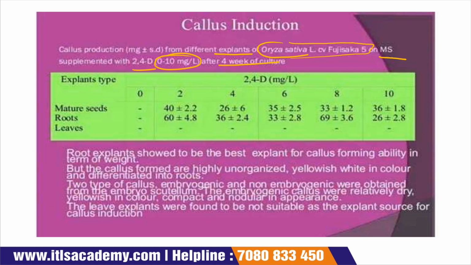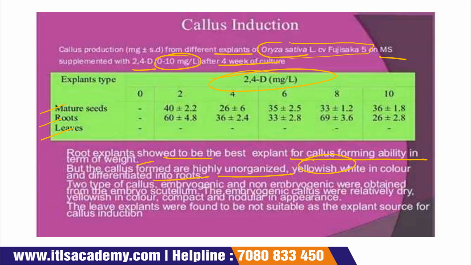Here the explant types are mature seed, root, and leaves. Here the 2,4-D in milligram per liter. Then the root explant showed to be the best explant for callus formation in terms of weight, but the callus formed is highly unorganized. The callus formed is unorganized, yellowish in color, and differentiates into roots.